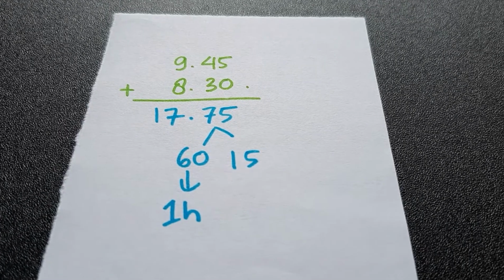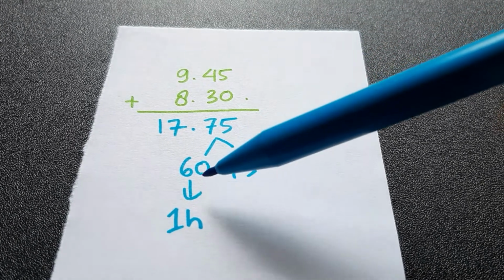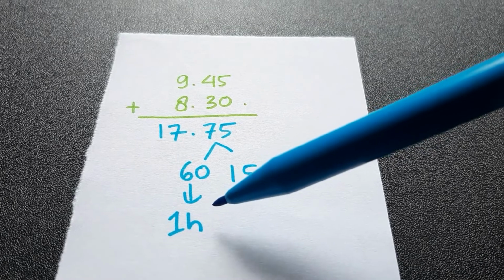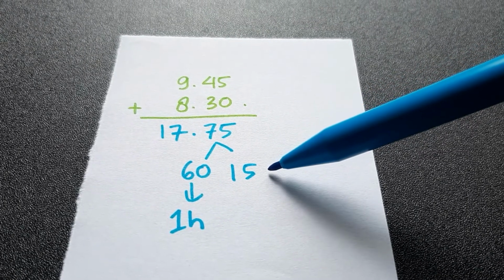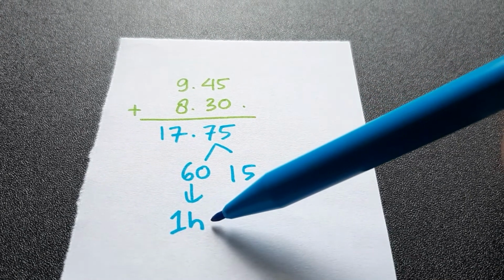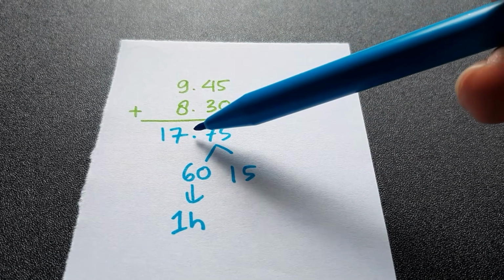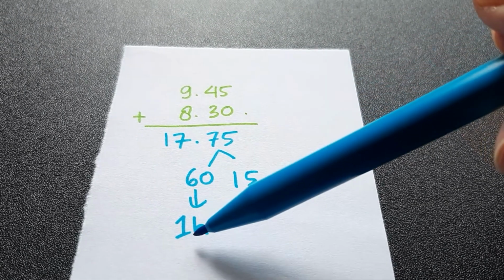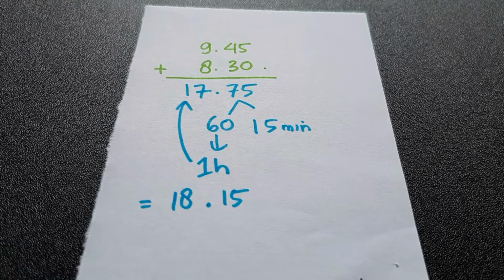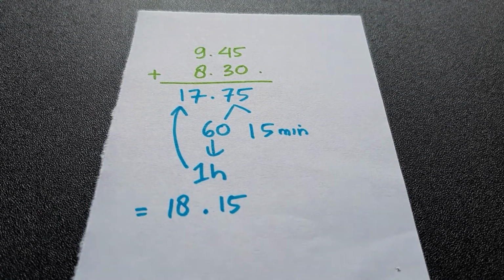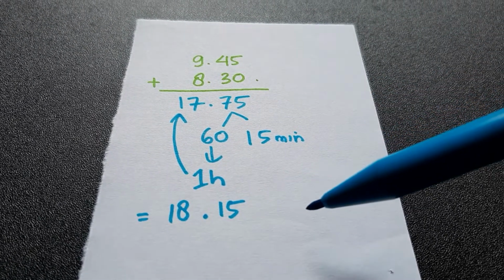Remember, 60 minutes is 1 hour. And then we have the leftover 15 minutes. So what do we have to do with the 1 hour? We have to add it to 17. 17 plus 1 is 18. Now we get the answer 18:15.